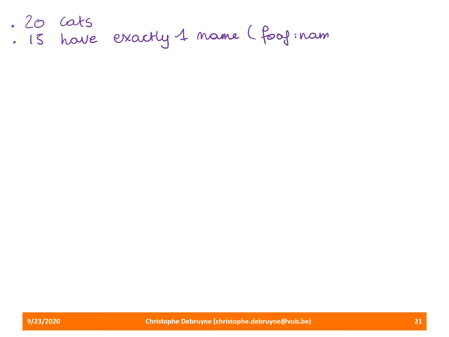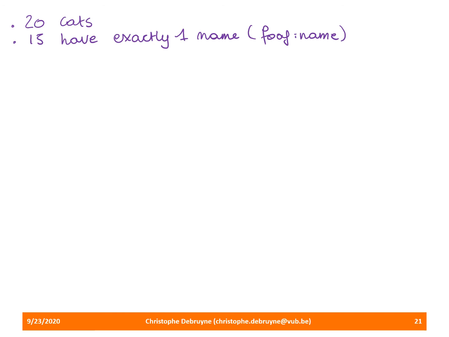Now, let's say, for example, we have an RDF dataset with 20 cats. And of these 20 cats, 15 have exactly one name, which is related by the predicate foaf name. Sorry, not of the type foaf name, but related by the predicate foaf name.